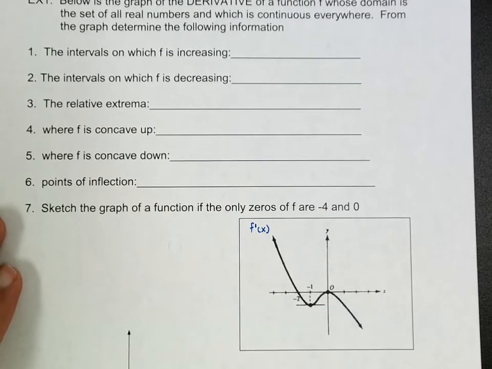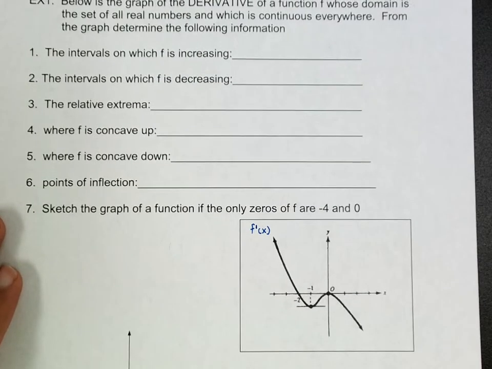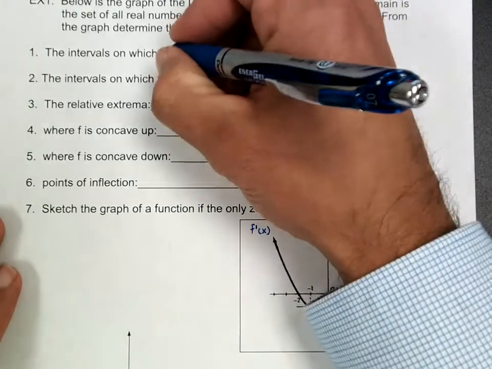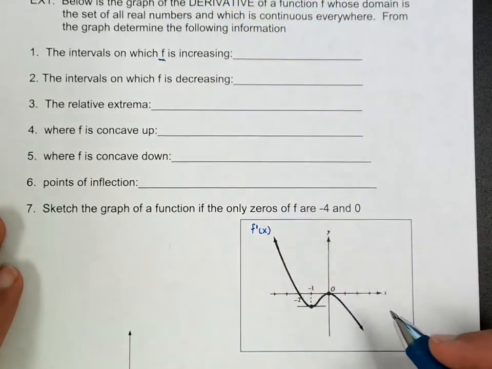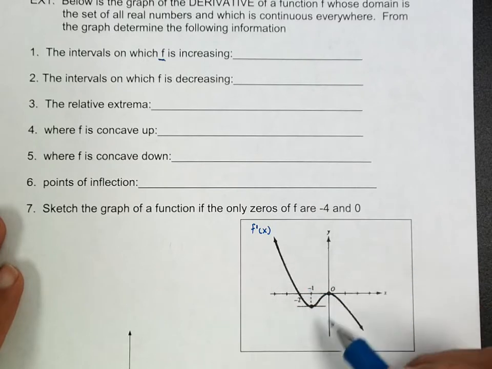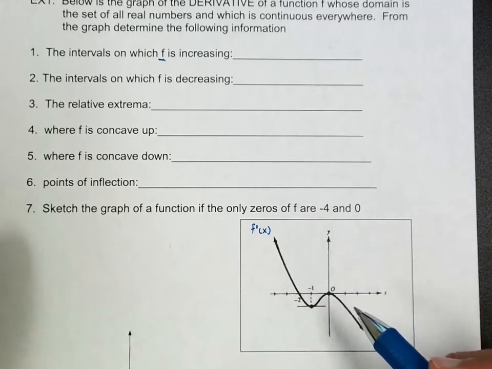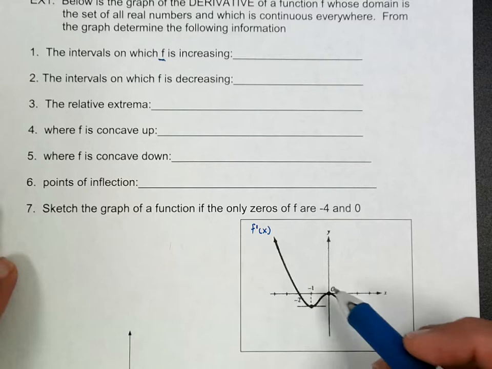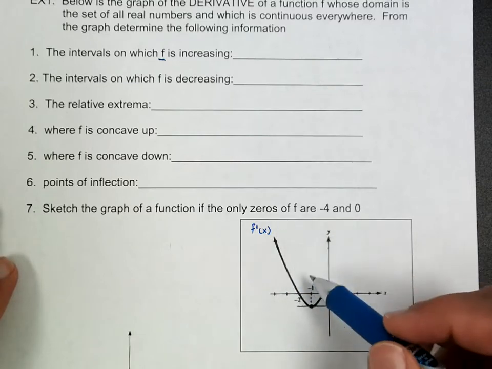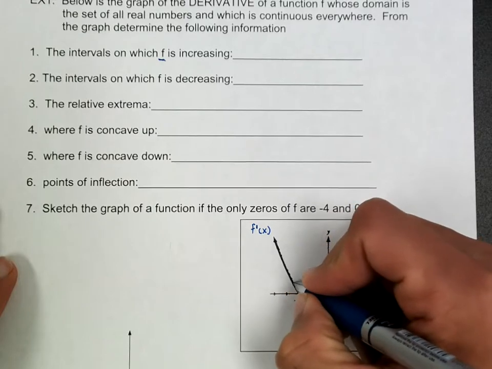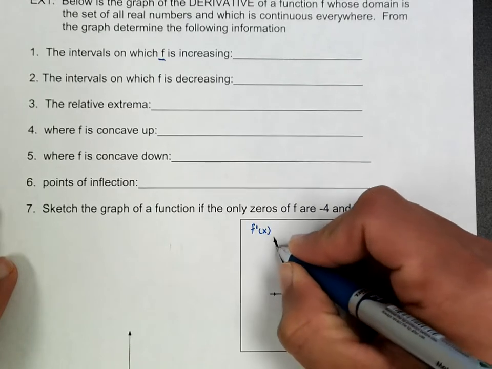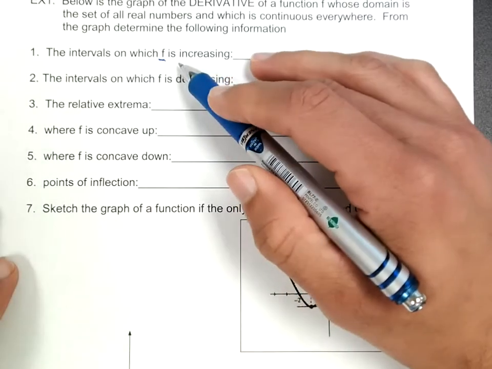So question number 1 is asking to name the intervals on which function f is increasing. So notice that again, we're talking about function f. This is not function f. This is the derivative of the function, all right? So remember that anywhere on here where the derivative is positive, right here above the x-axis, that's where function f is going to be increasing.